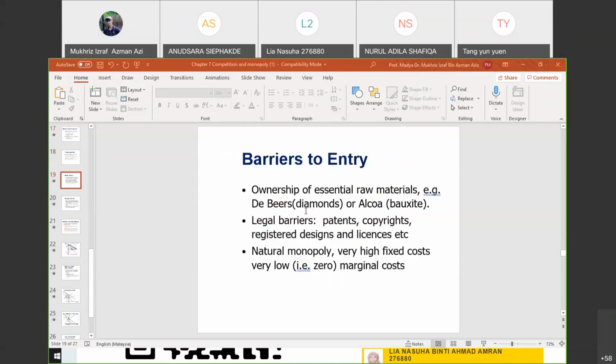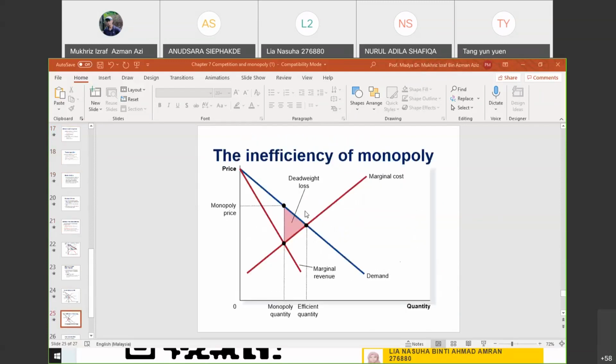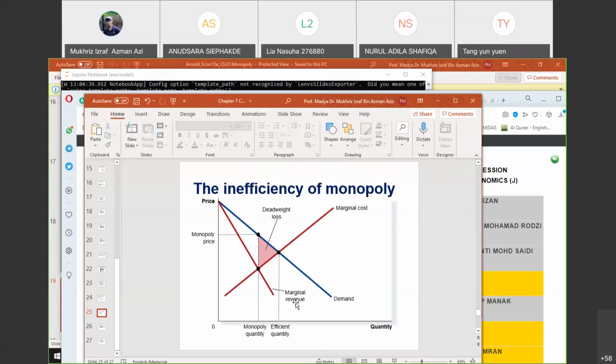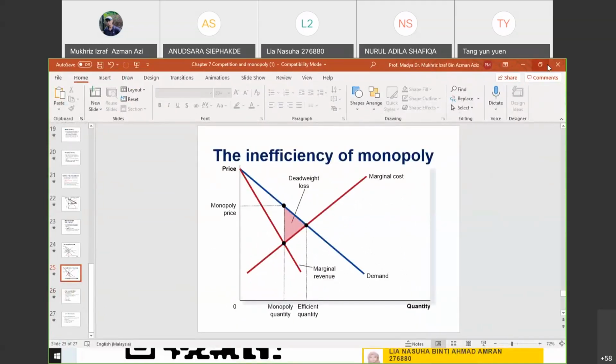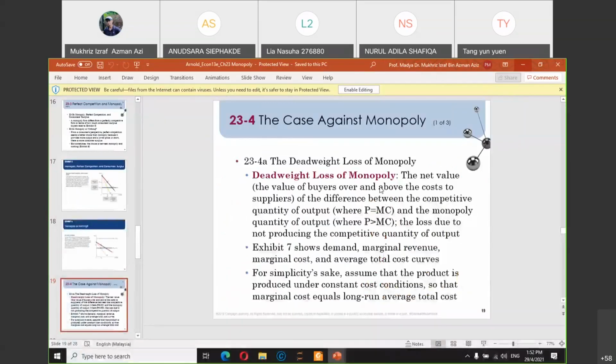Okay, but under monopoly, this condition is not the same. If you go to the other slide in your OL, the one from the Arnold textbook, you can see this deadweight loss.